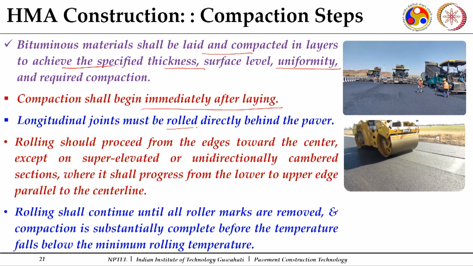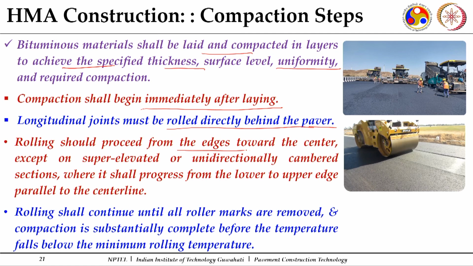And longitudinal joints, because there may be an existing part which might have been constructed one day before, or maybe an existing pavement, and then there is a new surface which we are laying. So the longitudinal joints also have to be rolled simultaneously.